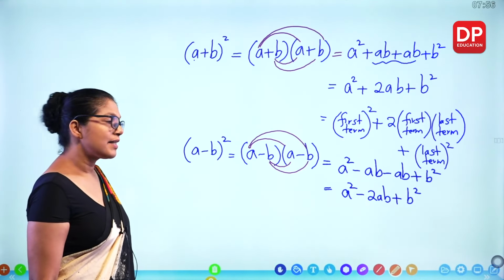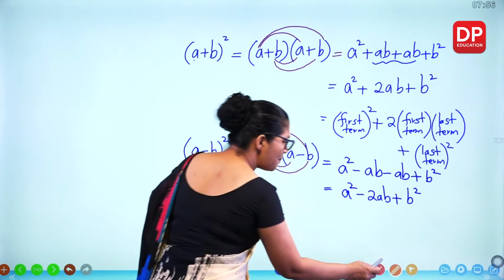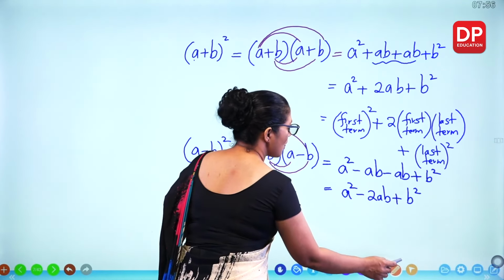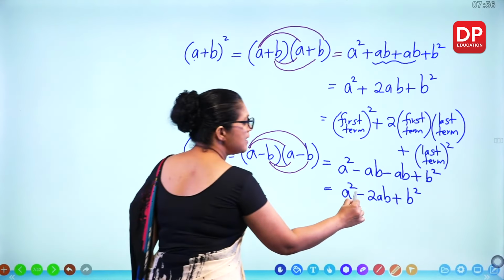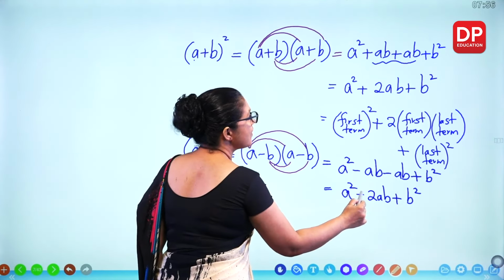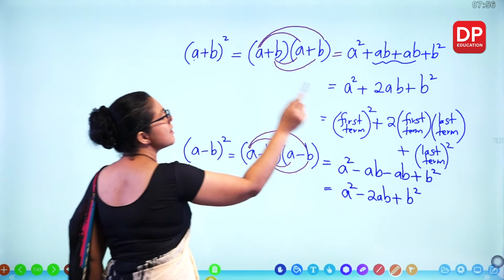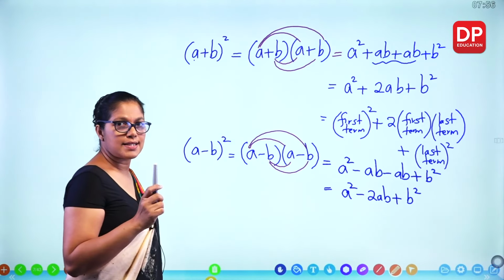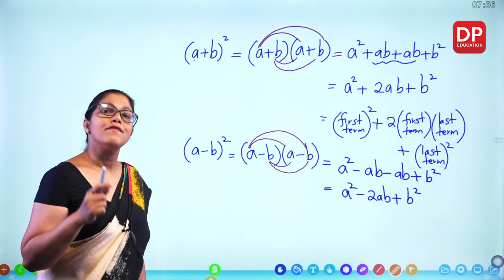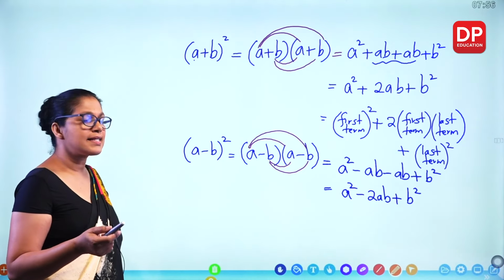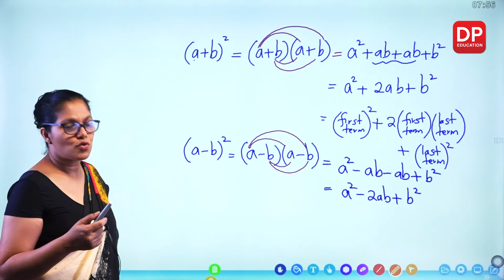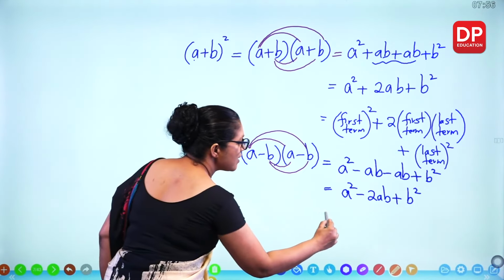Now, what's the pattern we see? Same thing we get. If this is minus, the middle term is minus. If this is plus, the middle term is plus. Always you get the first term squared, double of the first and the last term, and last term squared. So I can write this one.